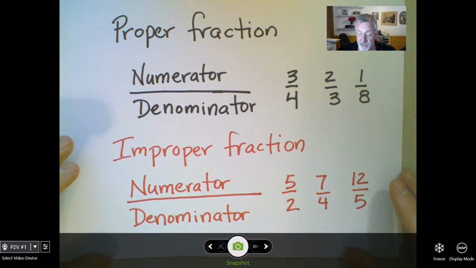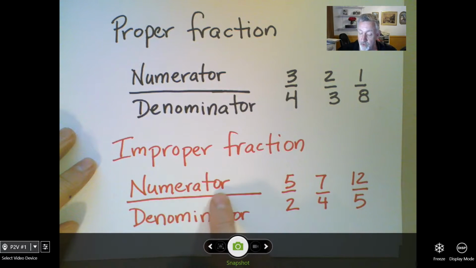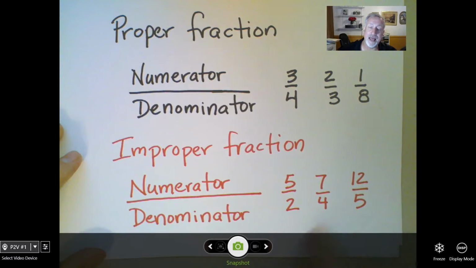Another type of fraction is an improper fraction. In an improper fraction, you have more in the numerator than you do in the denominator. So 5 over 2, 7 over 4, or 12 out of 5. And some of you may be asking, how can you have more in the numerator than you have in the denominator?